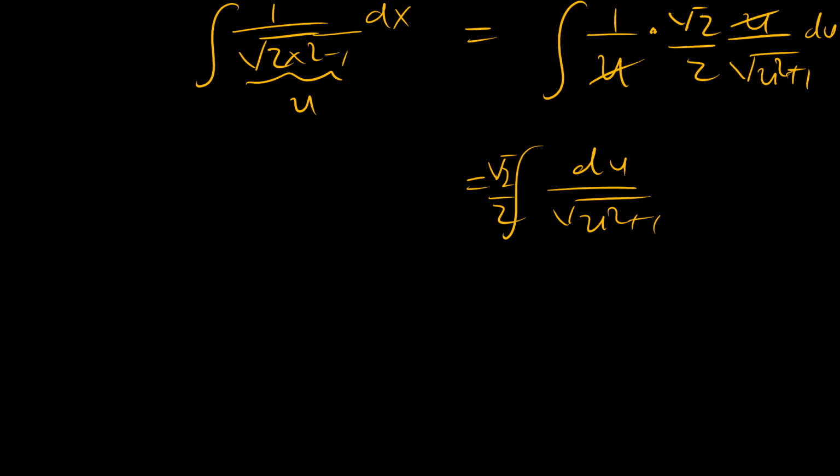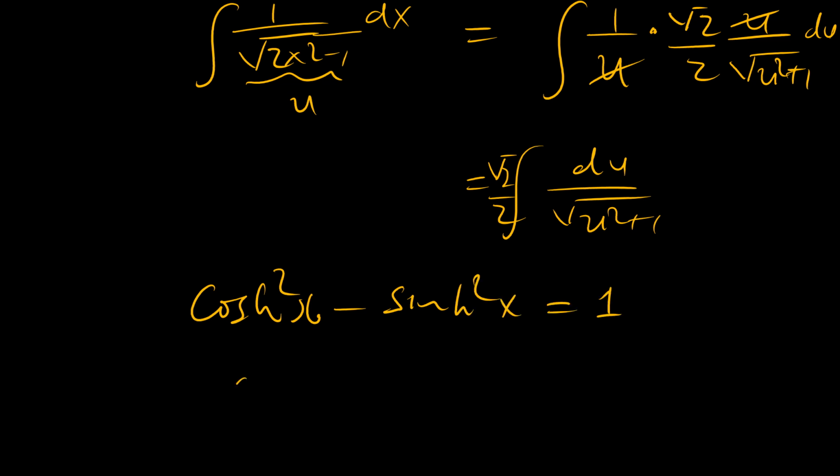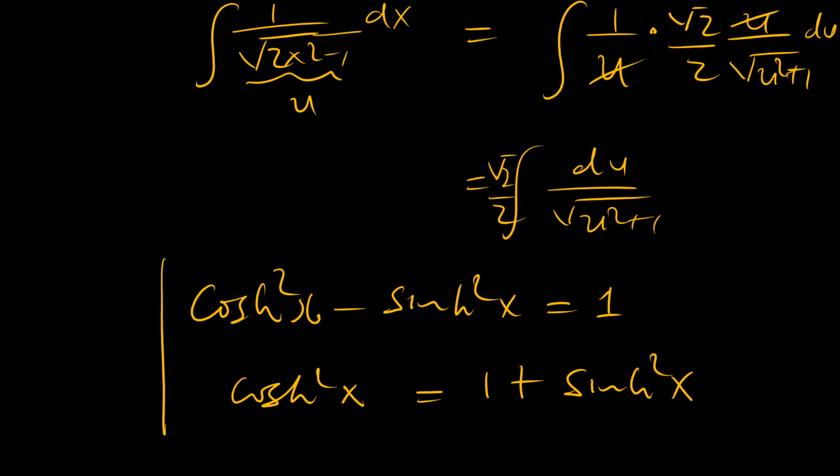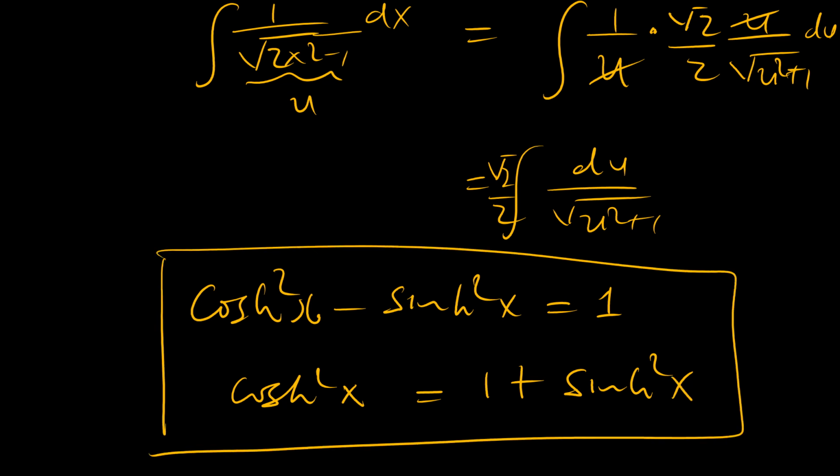Those of us who know hyperbolic functions know that cosh squared x minus sinh squared x is equal to 1, that means cosh squared x is equal to 1 plus sinh squared x. So using this identity here, we may be able to substitute something in there, right?